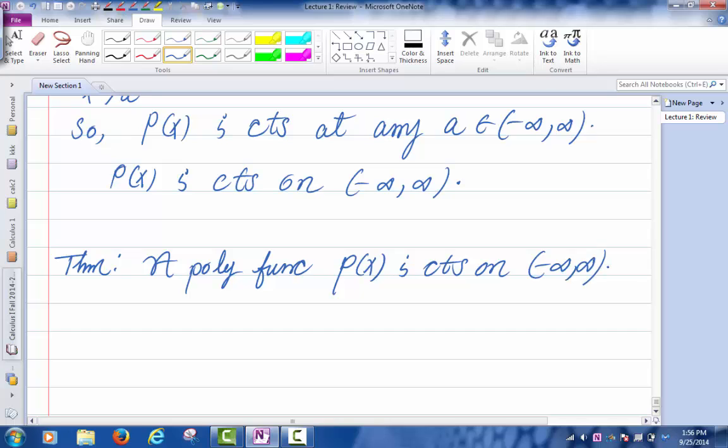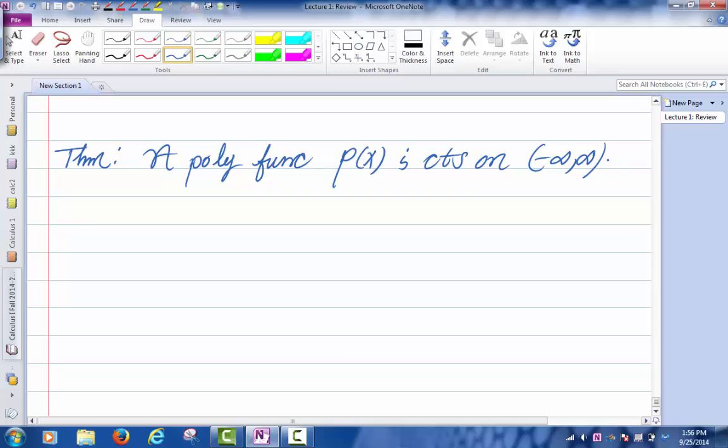Okay. How about rational functions? So let's look at an example with a rational function. Suppose I have the function g of x, which is the rational function x minus 1 over x plus 2. So this is a rational function. Where is this function continuous again?